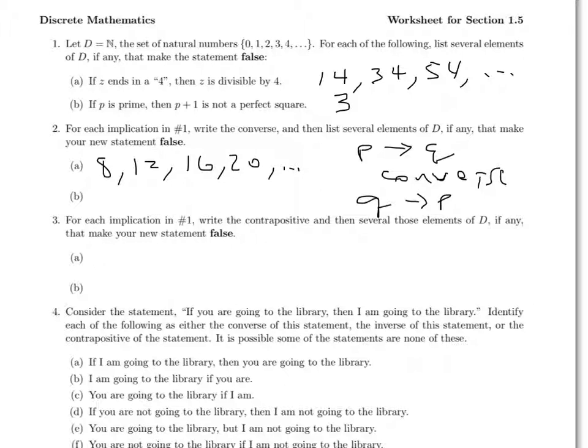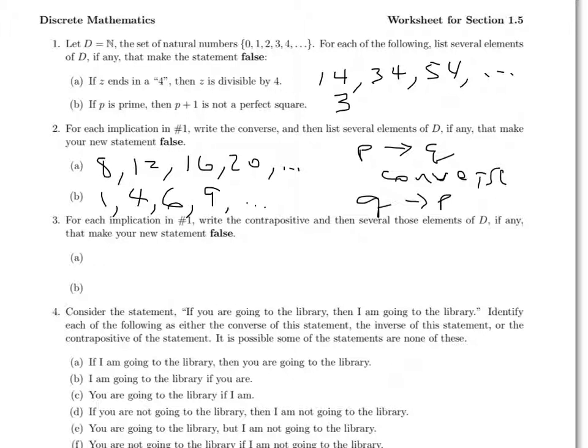If you write that out first in words and ask yourself what the counterexamples are, you'll come up with numbers like 1. 1 plus 1 is not a perfect square, but 1 is not prime. 4 is another counterexample. 4 plus 1 is not a perfect square, and 4 is not prime. And then a few more you can see on the worksheet solutions I wrote out, the first few things that are counterexamples to that statement.